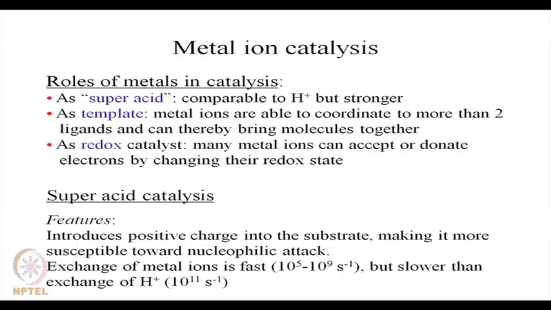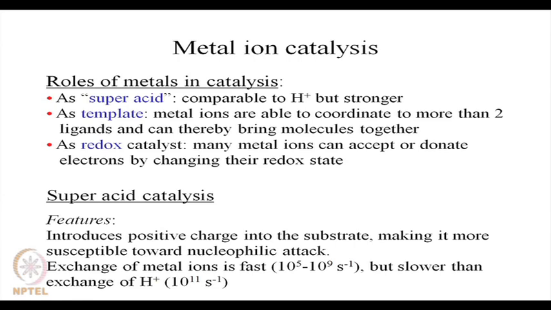The metal ion itself can act as a redox couple: after getting 1 electron it may get reduced, or by giving 1 electron to another entity it can get oxidized.